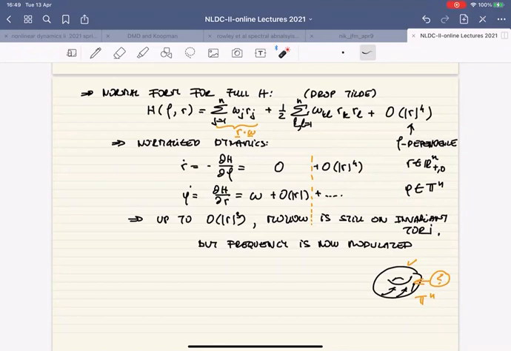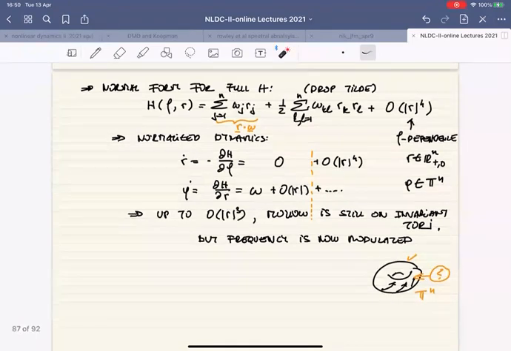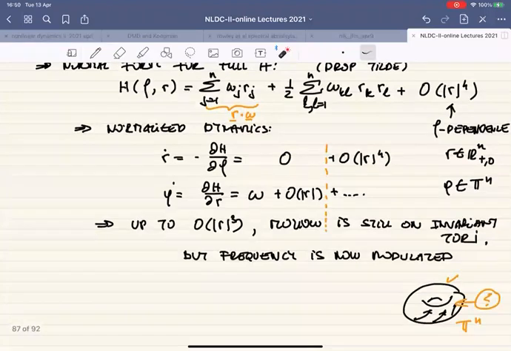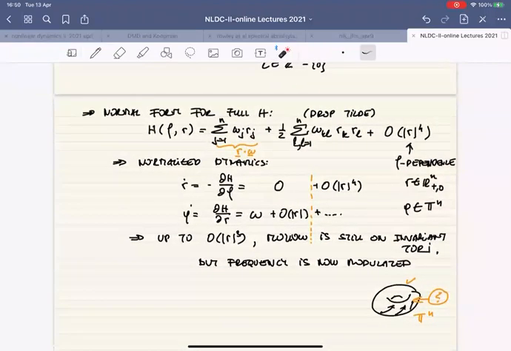This is one of those classic examples that people like to ignore when they do perturbation calculations in practice, and they say, if I see something at leading order, I'm sure it's there. This is the classic counterexample. No, it turns out that you can still save many of these tori, but not all of them. A lot of them, infinitely many, will be destroyed when you try to push this procedure to infinity.